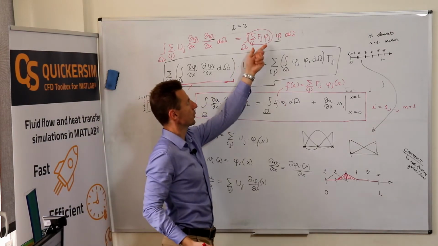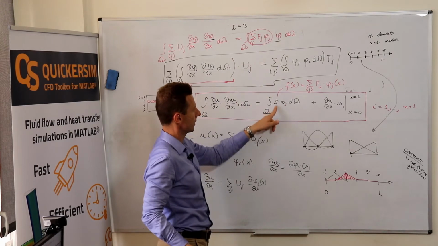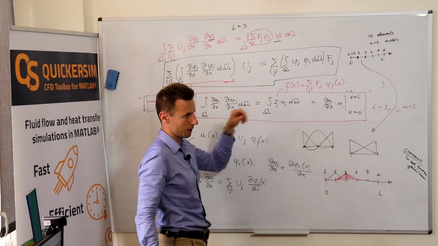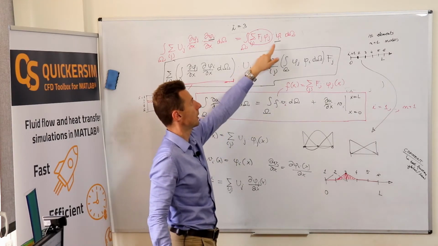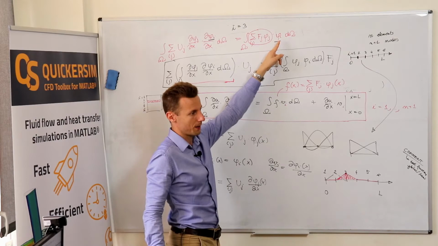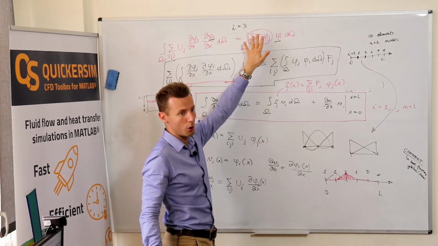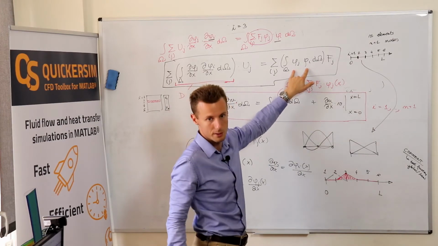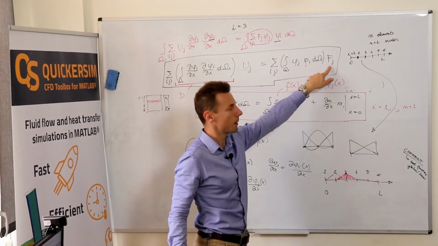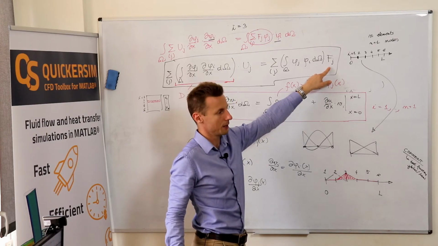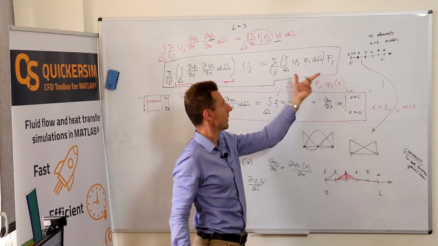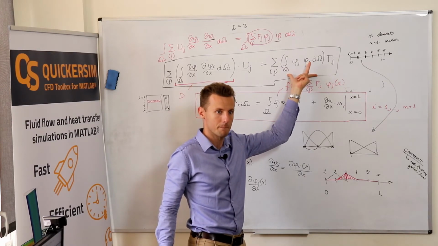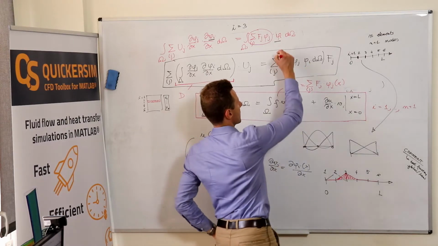In the original integral, that was nothing else but just the f function, and you could integrate it multiplied by some test function right away. Or you can derive such a formula with two indices, so again a matrix, and multiply it by the nodal values of f. And such a matrix is exactly the mass matrix.